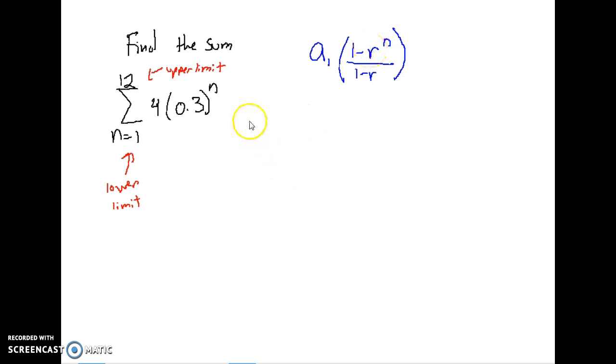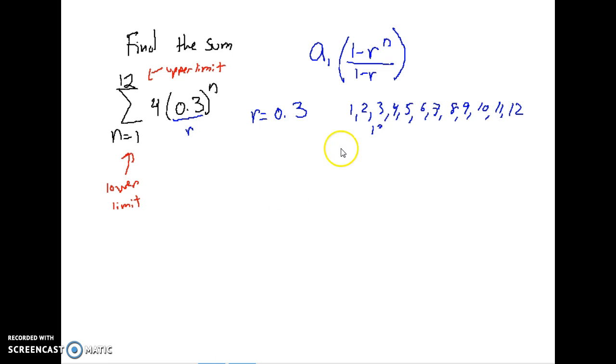So let's start with the ratio. Boom, that's easy. r is equal to 0.3. n, how do we find the n? Well, this starts at 1, goes to 12. So if I think about it, I'm doing 1, 2, 3, 4, 5, 6, 7, 8, 9, 10, 11, 12. Oh, went too far.